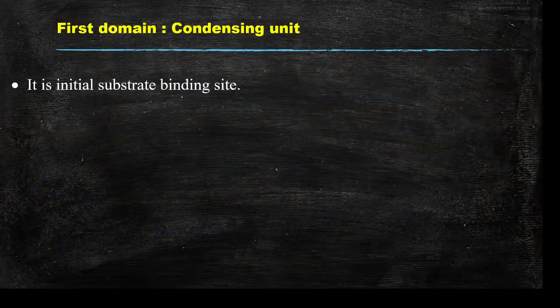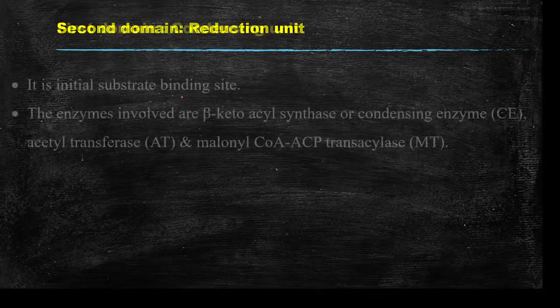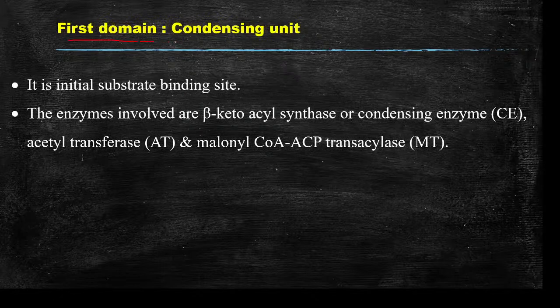In summary, the reactions of fatty acid synthase can be discussed in 3 domains. The first one is the condensing unit. Here initially the substrate binds to the fatty acid synthase unit, that is, acetyl CoA and malonyl CoA transfer the carbon units.